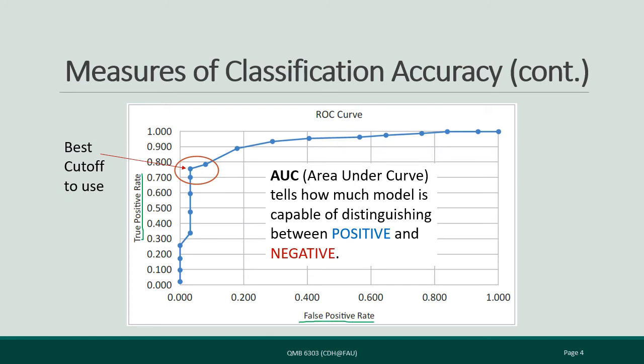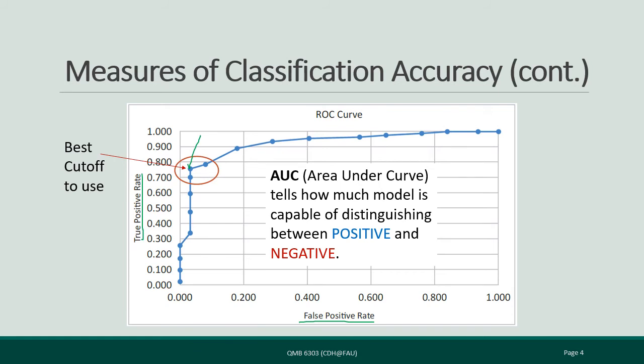I'm not going into the detail of this curve, but when you look at this, you can probably guess that our objective is to increase the true positive rate and decrease the false positive rate, right? So if we can find a point where the true positive rate is as high as possible and the false positive rate is as low as possible, then that will be the best cutoff to use. Which means that on this curve, this point is the best cutoff.